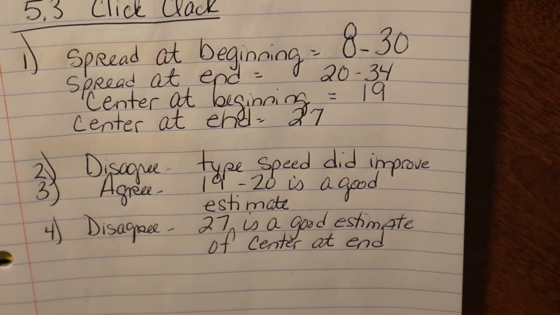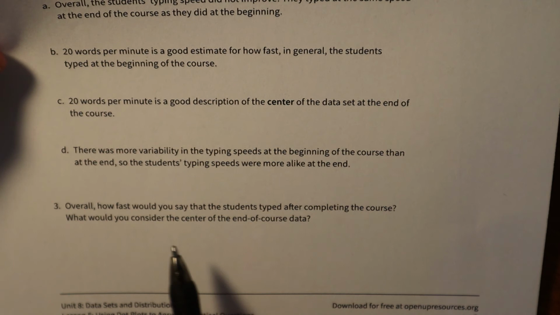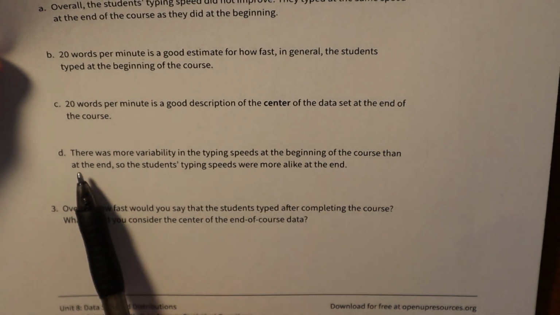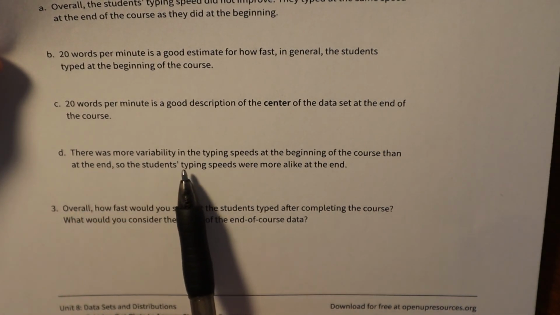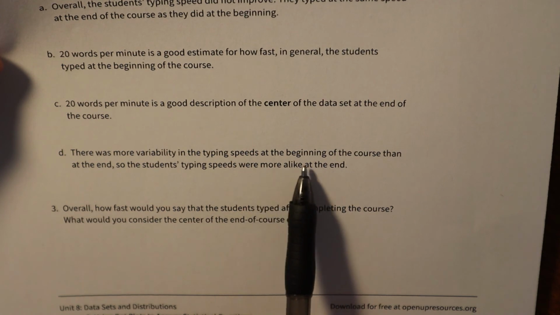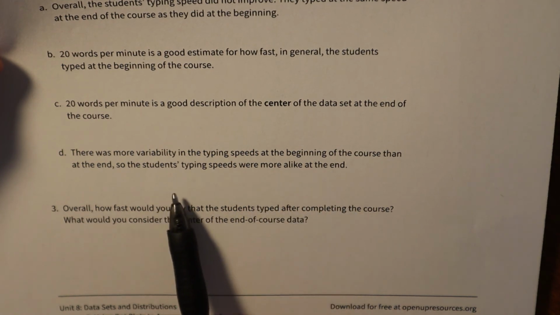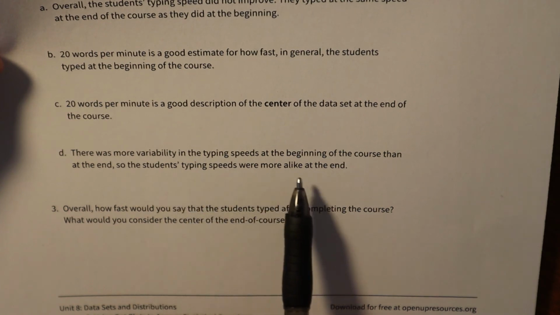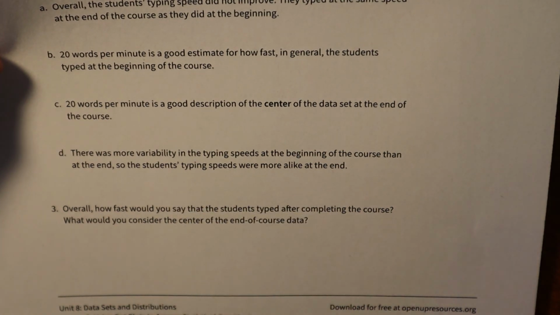I think if I wanted to do one more with you guys, let's just do one more question and then we're going to wrap it up. Question 5 said there was more variability in the typing speeds at the beginning than at the end. Are we going to agree or are we going to disagree?